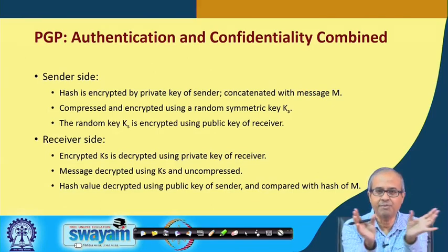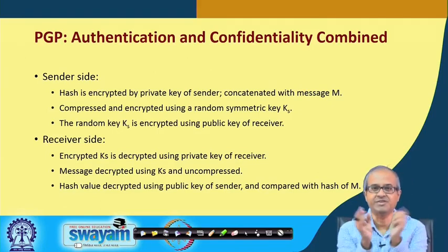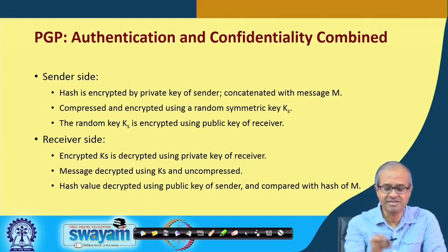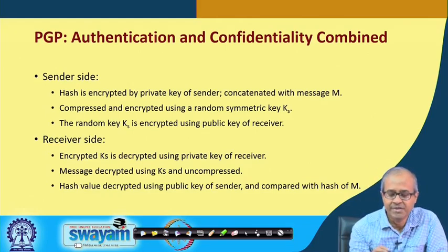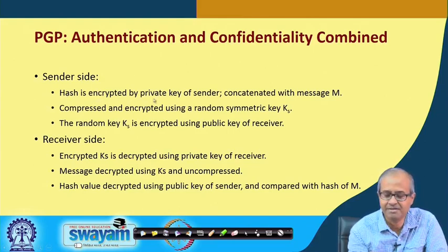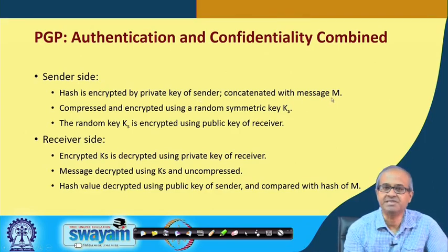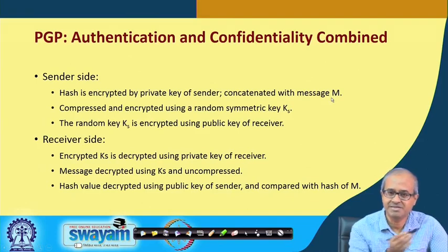Whatever I showed, you can put them one by one in sequence. Like on the sender side, you can compute the hash of the message, hash value you can encrypt by the private key of the sender for authentication, concatenate with message M, just like what you did for authentication.